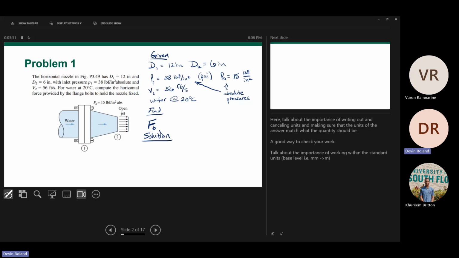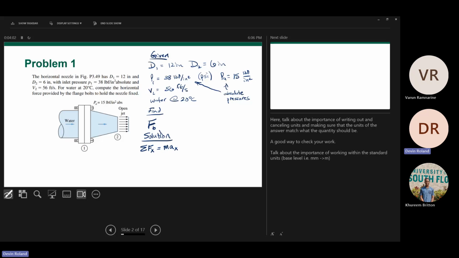So we'll do the sum of forces in x equals ma x, and then we can start looking at what we know and what we don't know. I guess this is a little bit of a different way than he showed you in class, if I'm not mistaken. Because I think when he did this with you in class, he did the Reynolds transport theorem. Yeah, he did. Right. Okay.